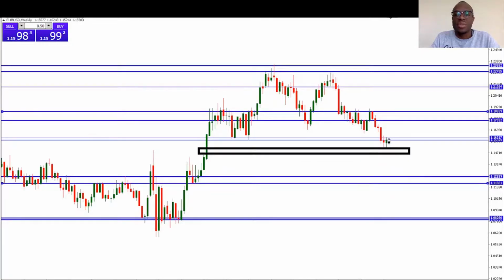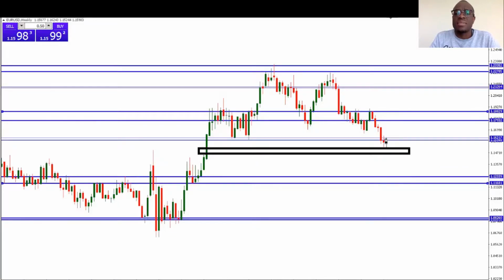Then in the case of a bullish scenario, we want to capitalize on the move on this retracement, maybe that has begun by this bullish engulf. So we want to capitalize on the movement from here, probably up to here or up to this area. So this is the bullish move that we'll be expecting.